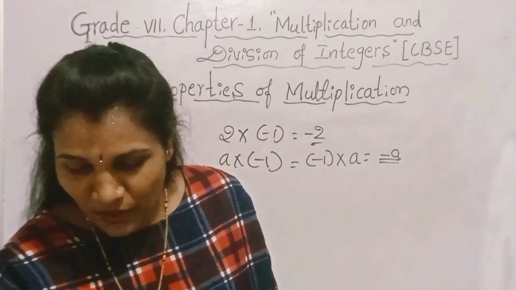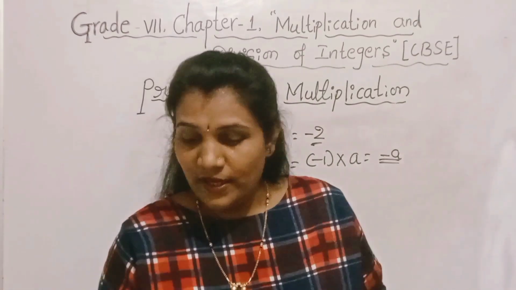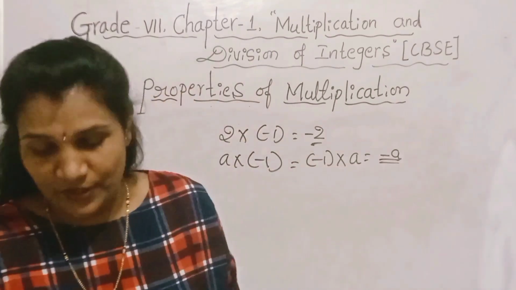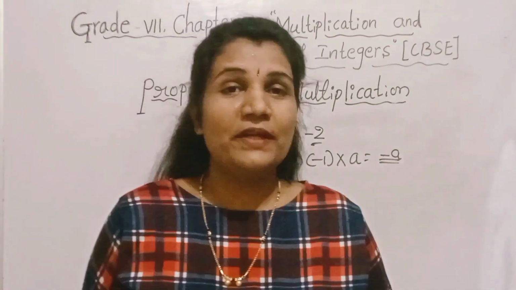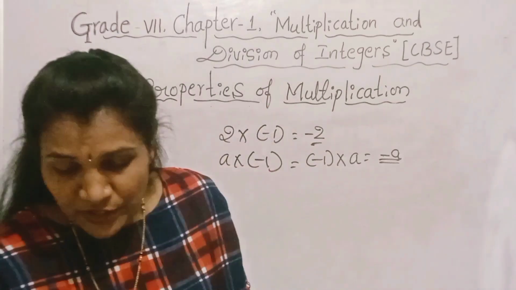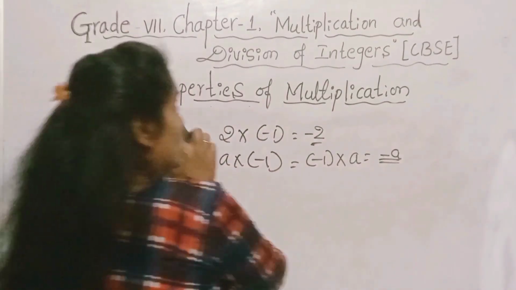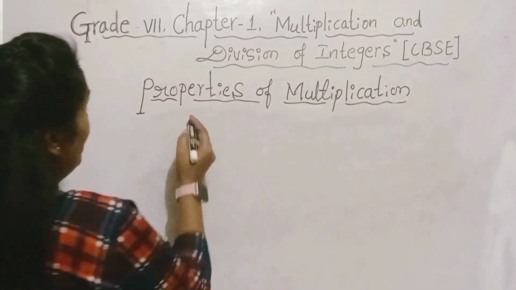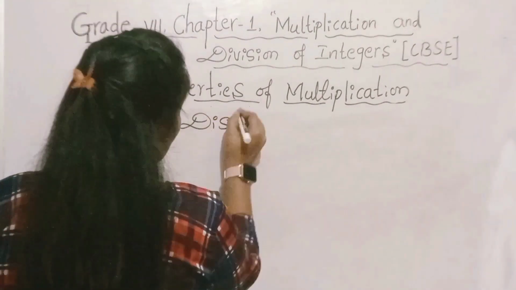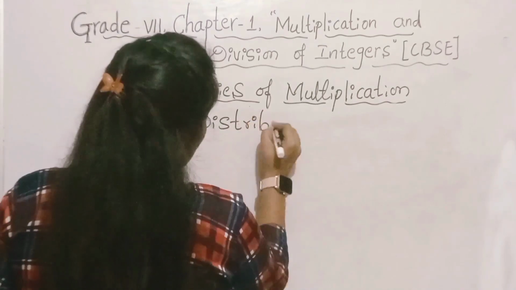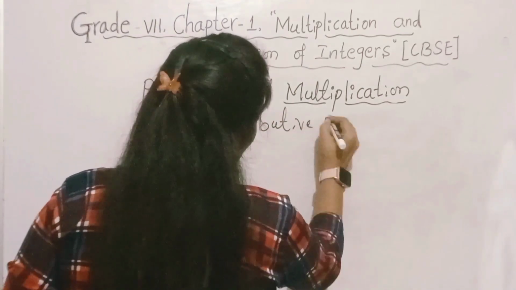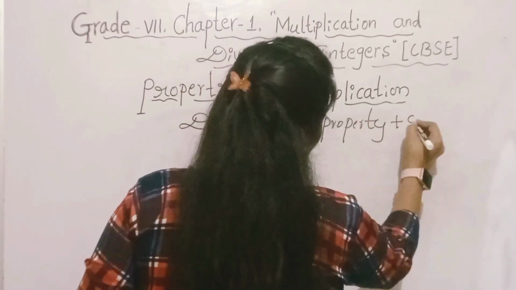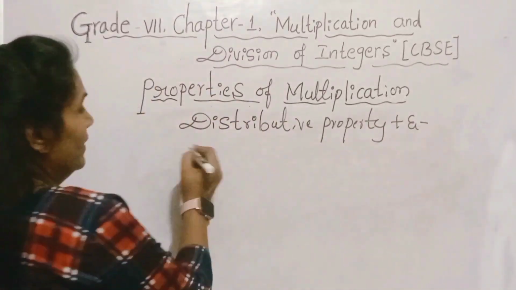Next is the distributive property of multiplication over addition and subtraction. What does it say?